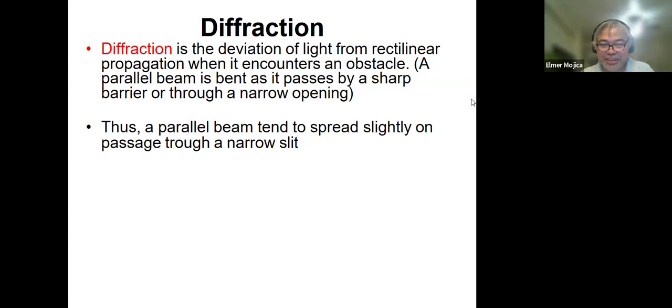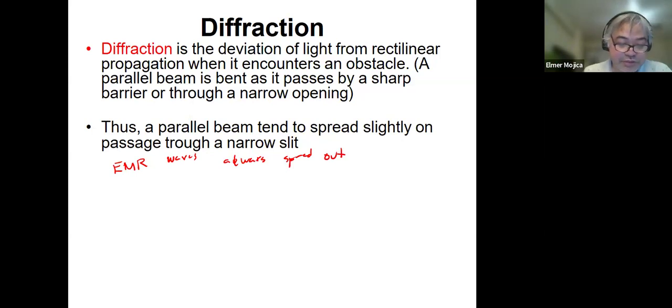When this happens, your parallel beam tends to spread slightly on the passage through a narrow slit. And then we can also say that some of the electromagnetic radiation waves always what? Spread out. Okay? To some extent into the region which is not directly exposed to the incoming wave.